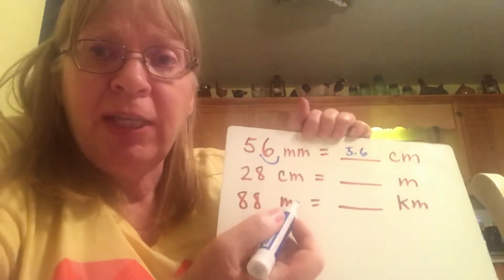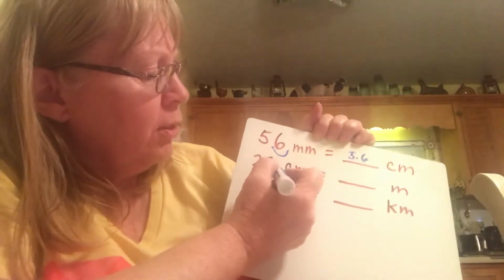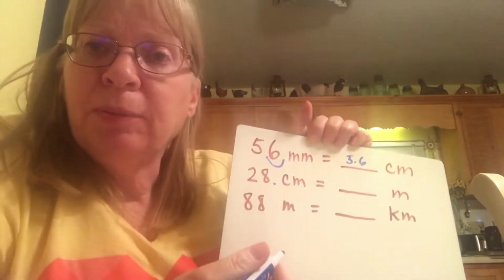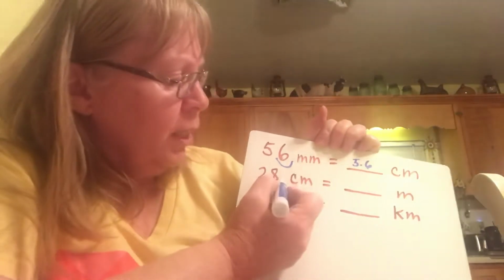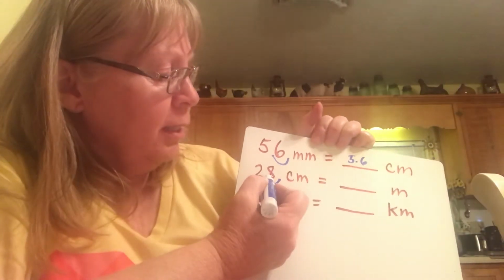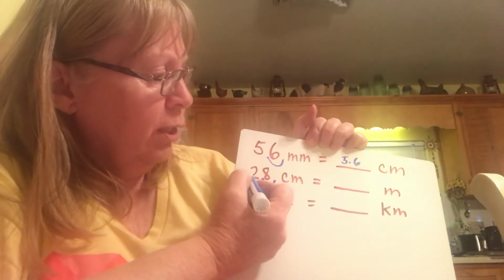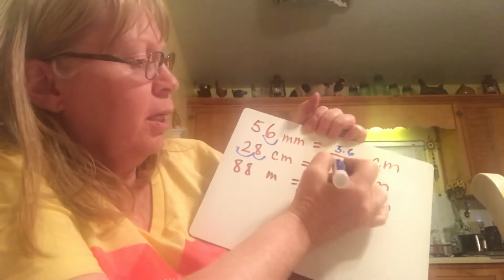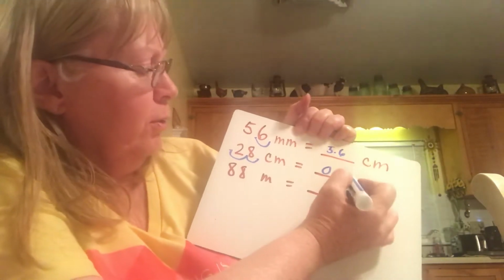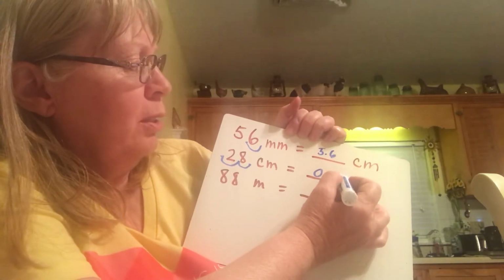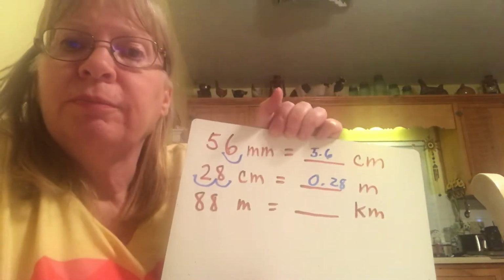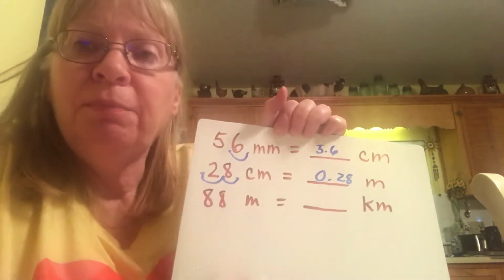So I'm going to divide this number by 100. So remember, I've got my decimal point right there. If I'm dividing by 100, this is dividing by 10, this is dividing by 100. And we always have a 0 for the placeholder, so my answer is 0.28. Okay, because I divided by 100.